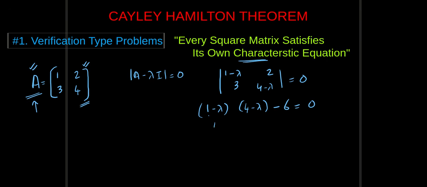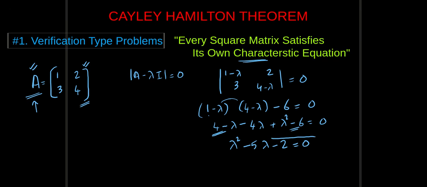Now I'll expand, so 4 minus lambda, and then minus 4 lambda plus lambda square minus 6 is equal to 0. That is lambda square minus 5 lambda, and that will be minus 2 equal to 0. So we have the characteristic equation.